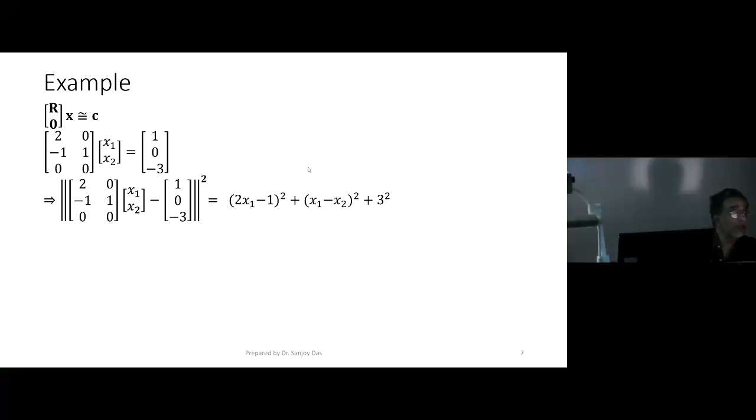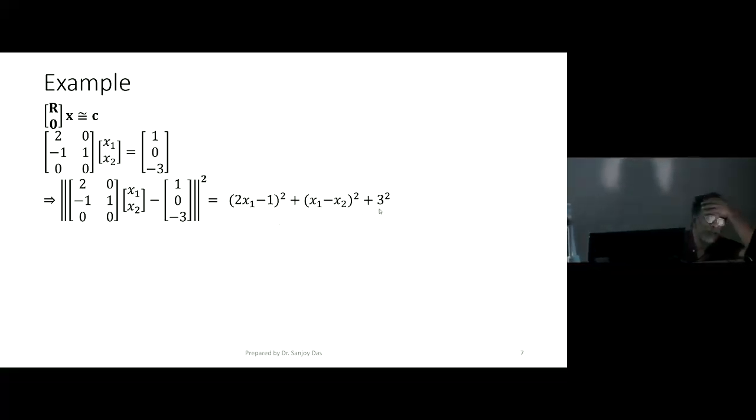The first element of left-hand side minus right-hand side would be 2 times x1 plus 0 times x2, that's 2x1 minus 1. See that? So this is what I want to minimize, correct? And the solution is obvious here. Make these 0, which have the x's in them. And the minimum value of this will actually be 9, 3 squared.